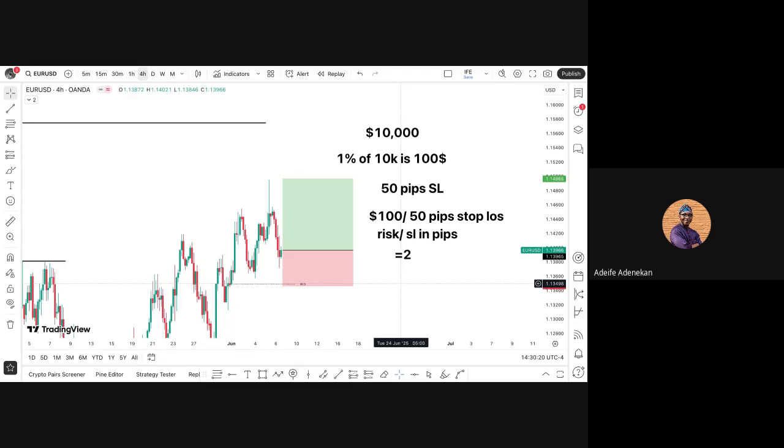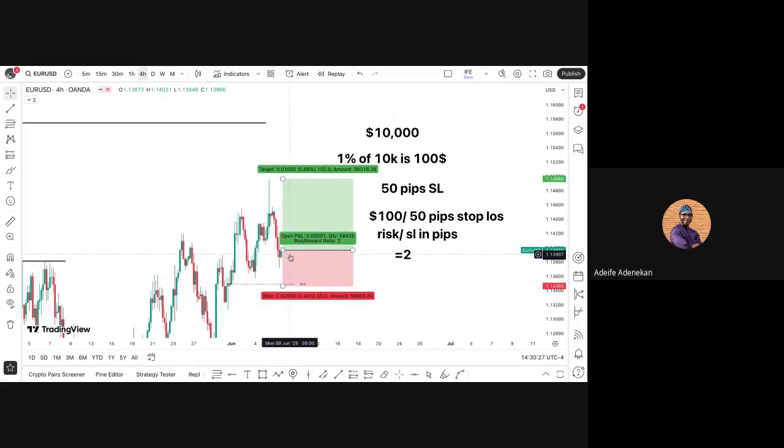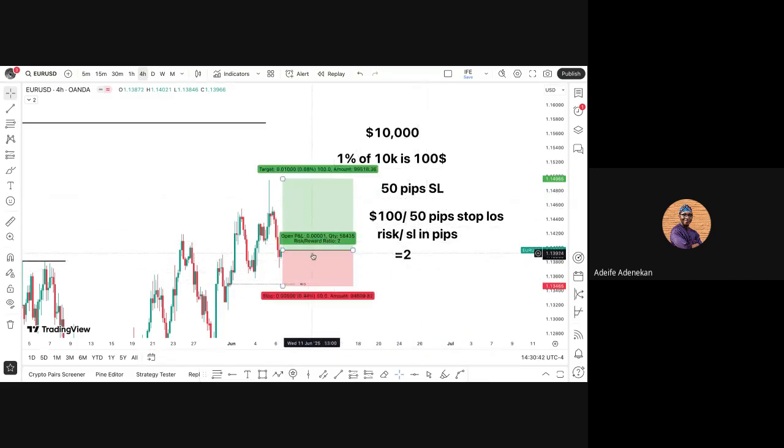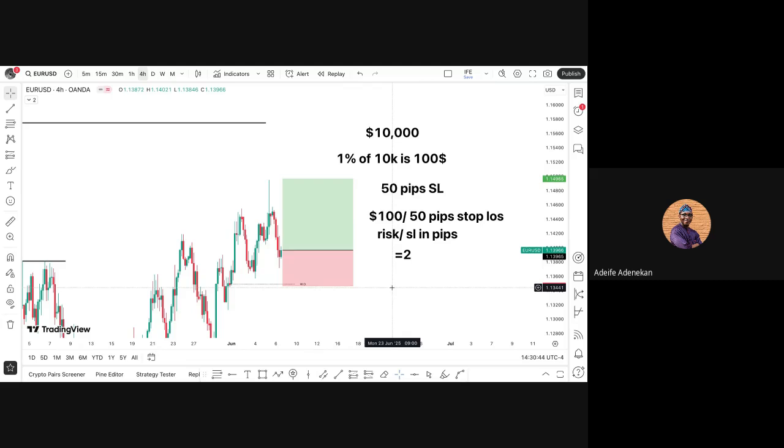That means for every pip movement against you or for you, it must be $2. So if price goes against you 1 pip, you are losing $2. 2 pips, $4. 3 pips, $6. Like that, like that. When it gets to 50 pips, it will be $100, and the price will take you out of the trade. Your analysis is wrong, price has taken you out of the trade.